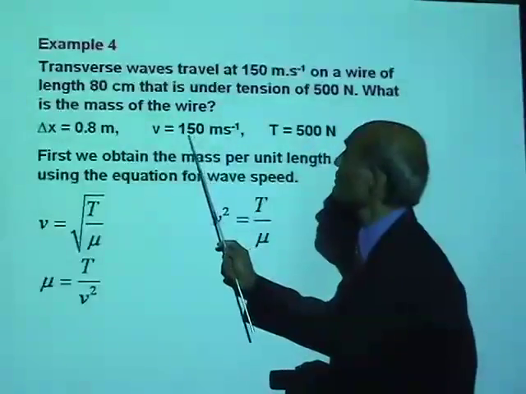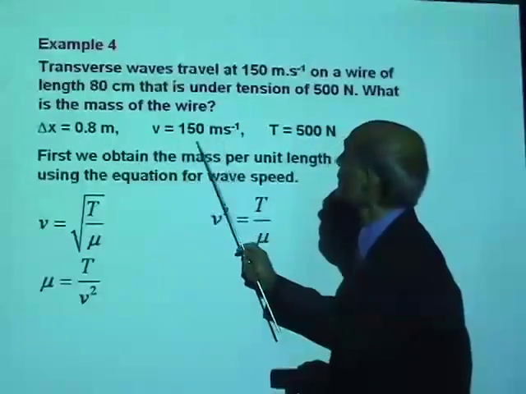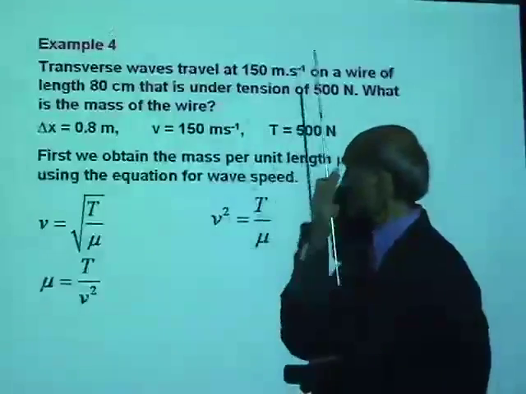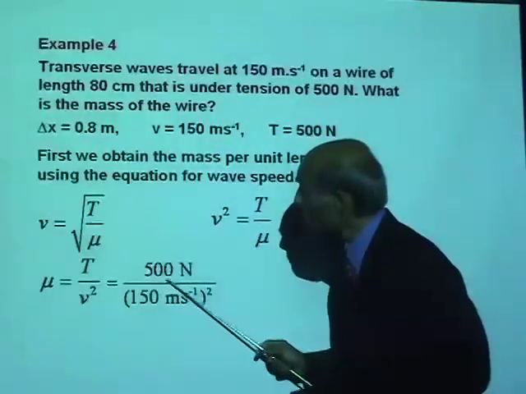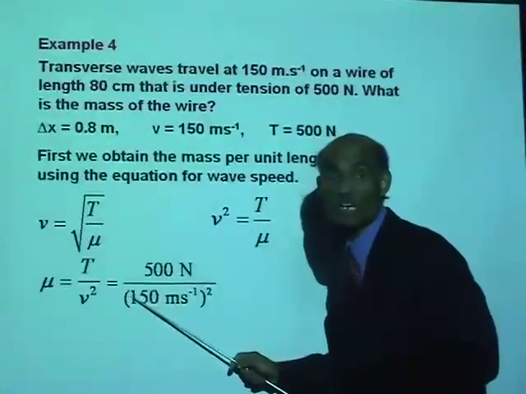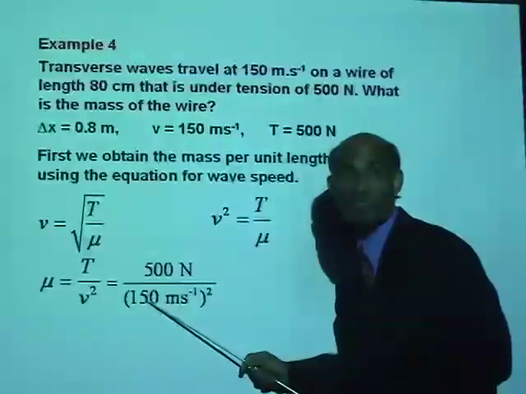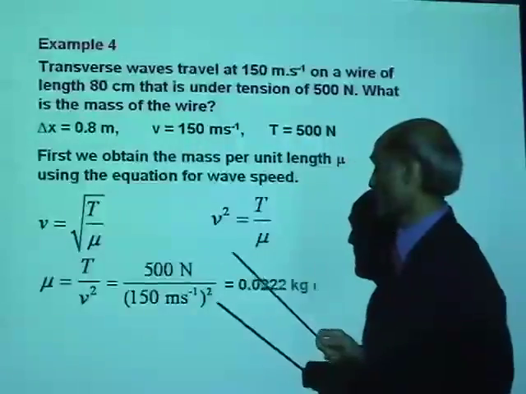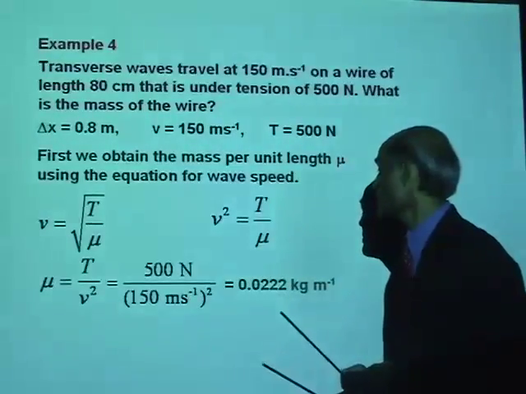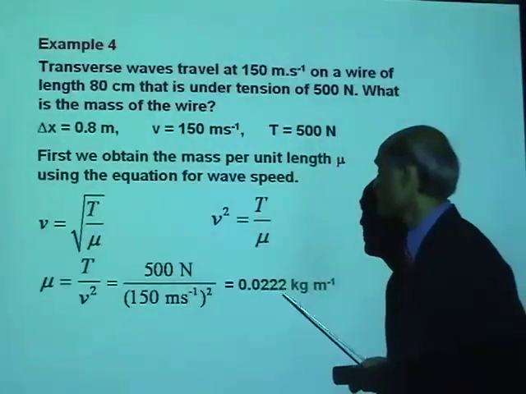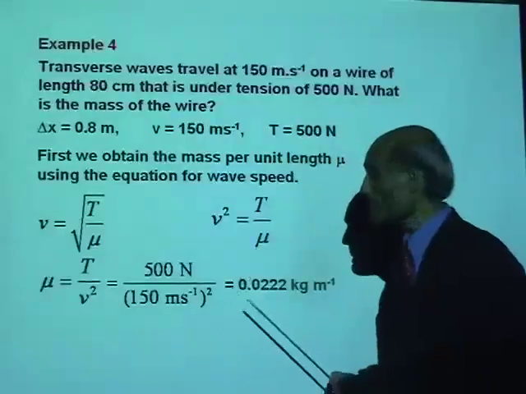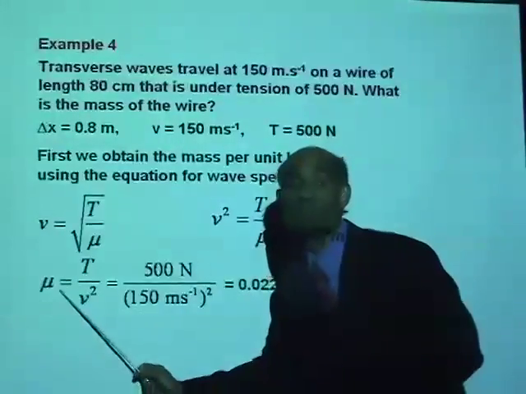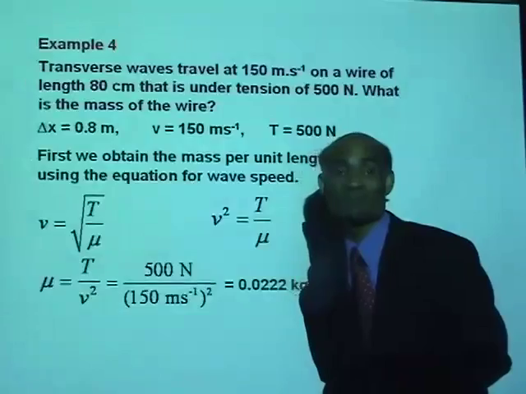Let's use those values. v is 150, T is 500. That will be 500 Newton divided by 150 meter per second squared. And that is 0.0222 kilogram per meter is the mass per unit length.